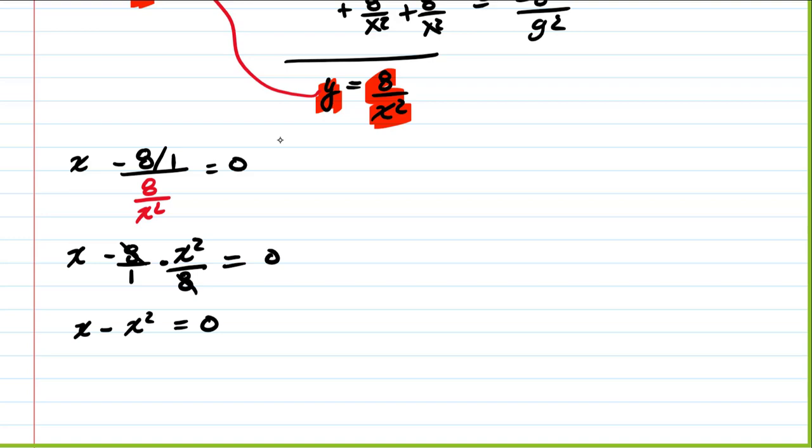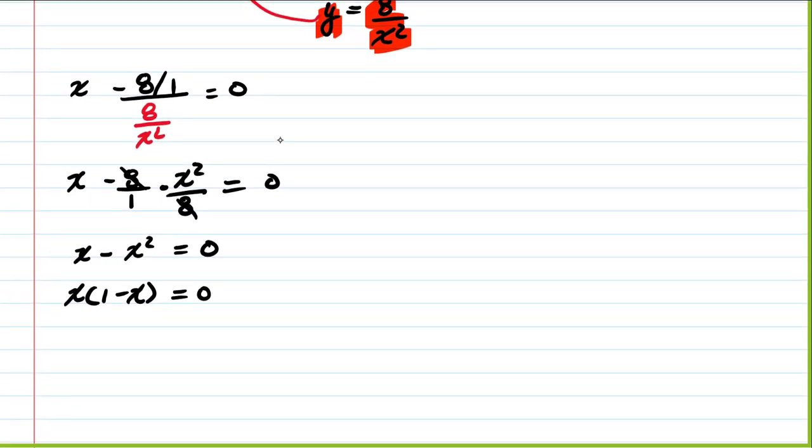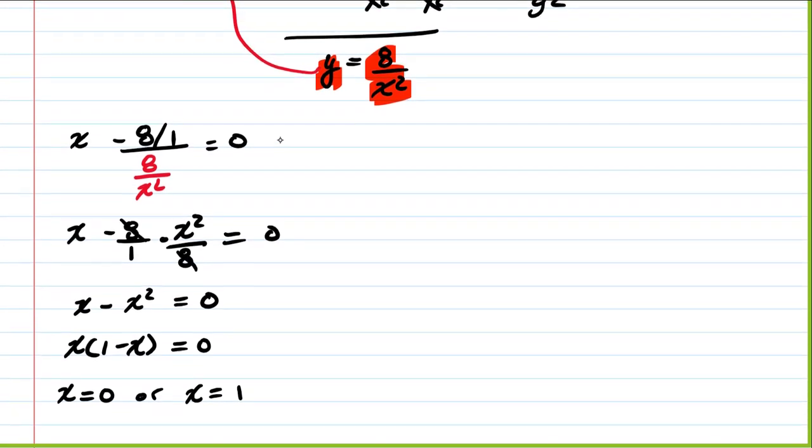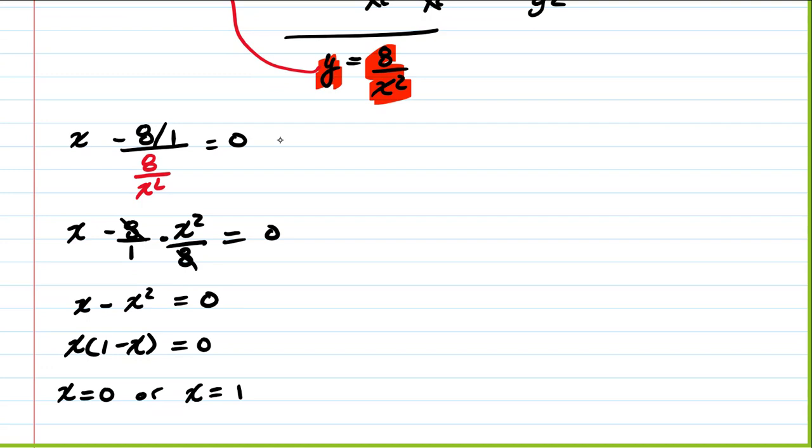So now we factor, and we have x times 1 minus x is equal to 0. And our two solutions are x equals 0, or 1 minus x equals 0 gives us x is equal to 1. So then we could find our corresponding y values by putting them back in. We'll notice if we try to put 0 in up here, 8 divided by 0 squared is undefined.